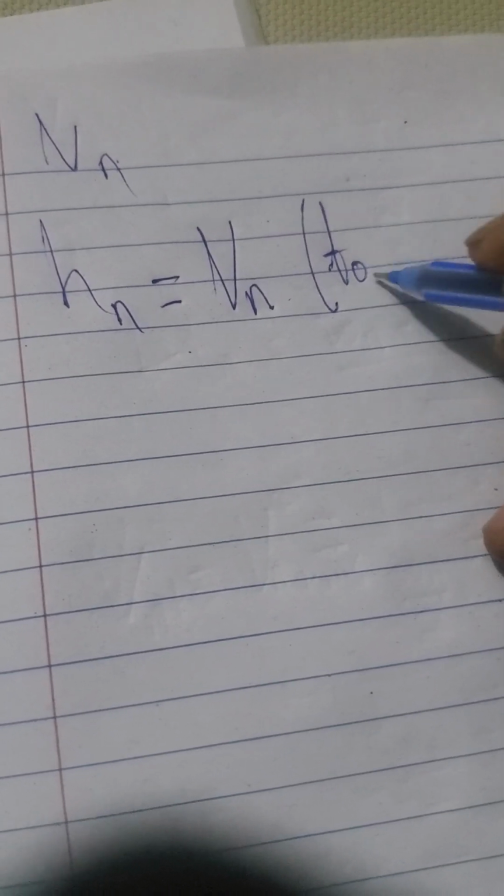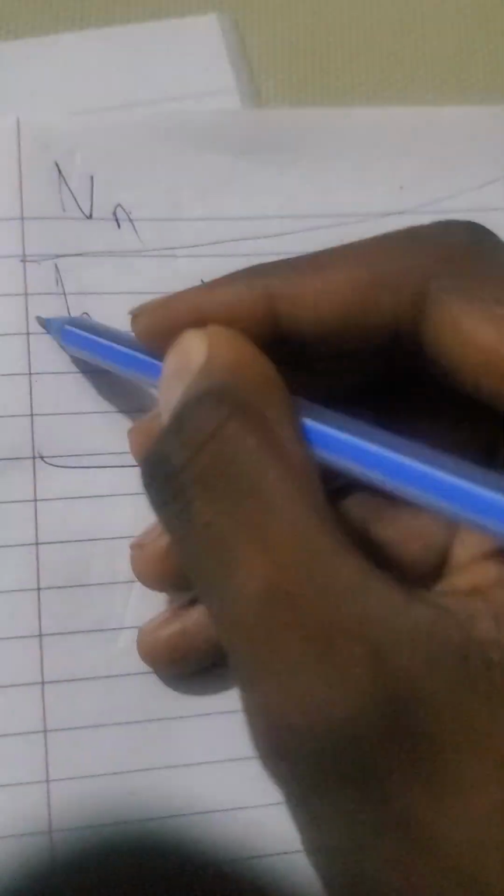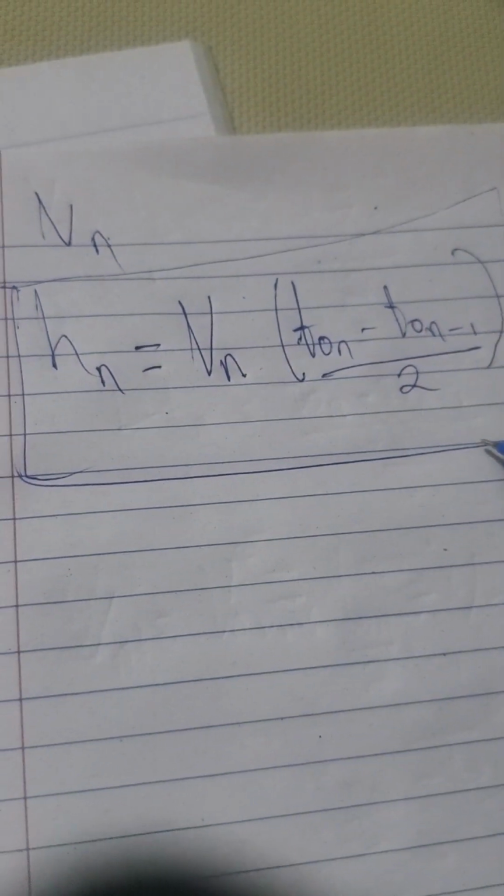So the thickness of the nth layer will be given as the velocity of that layer, the velocity of the nth layer, multiplied by the one-way vertical travel time of that layer, which is t naught n minus 1, divided by 2. This is how you can extract the thickness of that layer.